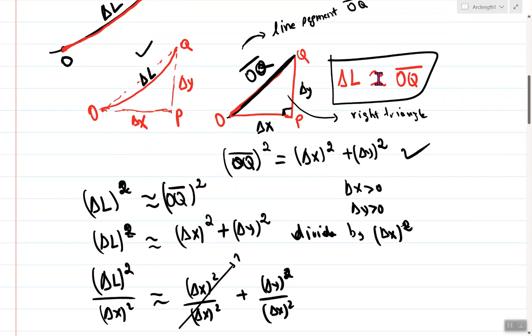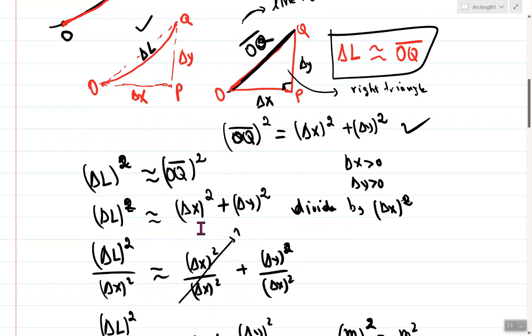Because delta L can be estimated with OQ bar, if we square both sides, we get this. But we know the right side is actually delta X squared plus delta Y squared, so we can replace the right side by delta X squared plus delta Y squared, and we still get this estimate.